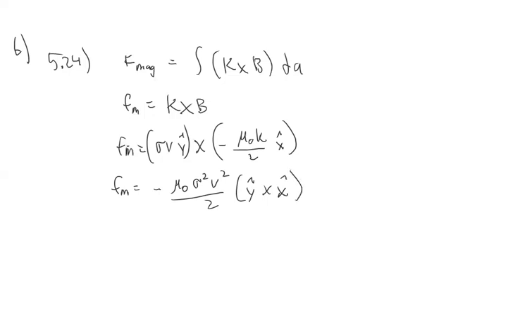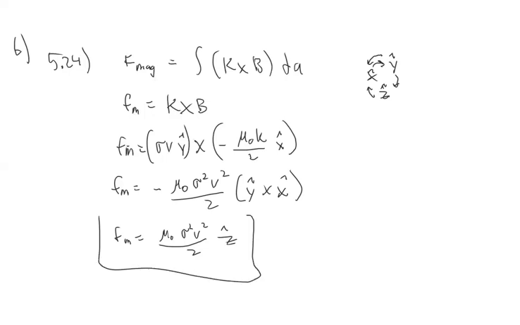Now y hat cross x hat is in the reverse order, so it's going to be negative z hat. So the force per unit area on the upper plate is mu naught sigma squared v squared over 2 in the z hat direction.